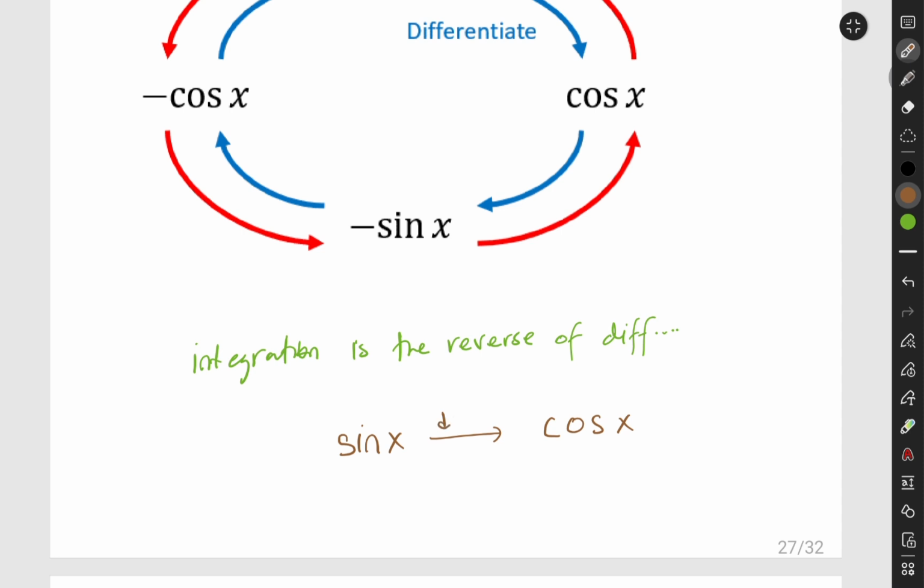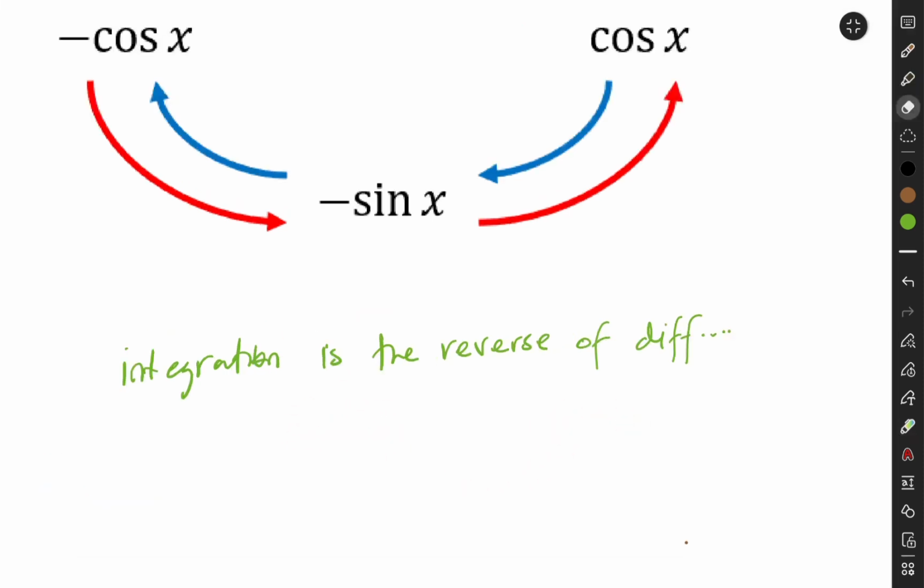If I'm integrating, I'm going to do the reverse. That's why when we differentiate sine x, we get cos x, and when we take cos x and integrate it, we get sine x. So they're kind of the reverse of each other. We differentiate sine x to get cos x, and then we integrate cos x and come back to sine x.